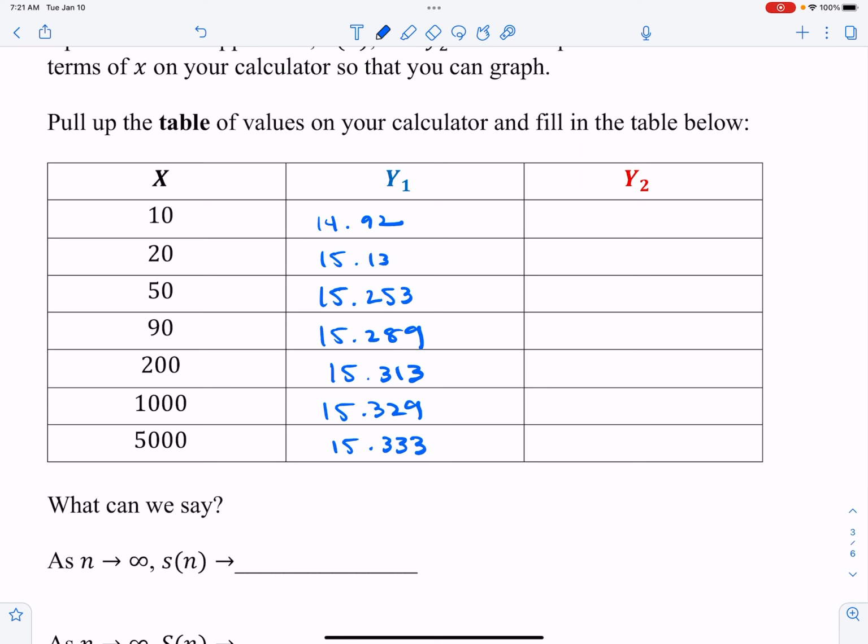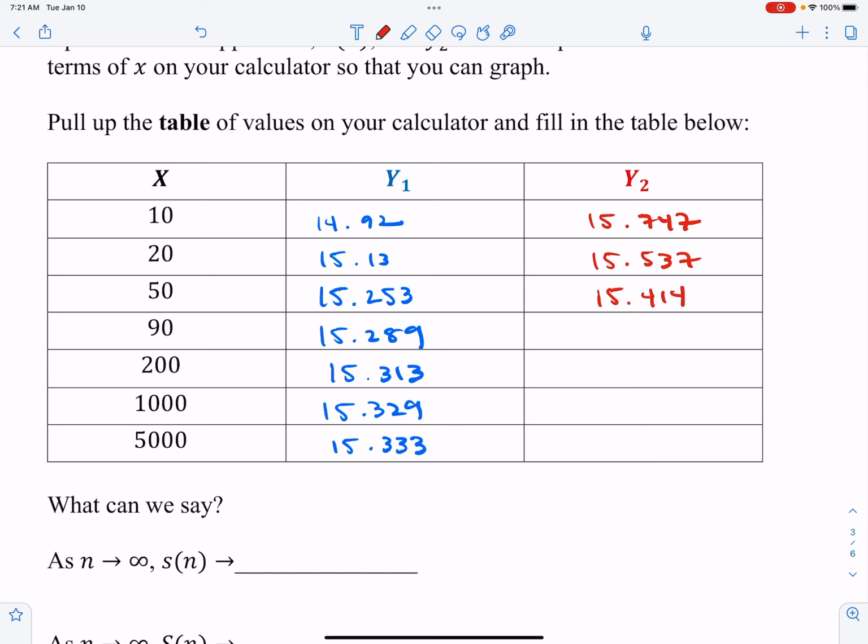And then filling in the table for y sub 2, for 10, I get 15.747. For 20, I get 15.537. And for 50, I get 15.414.